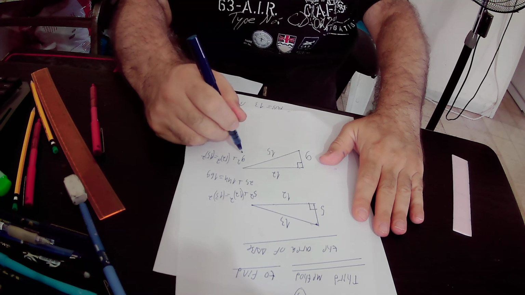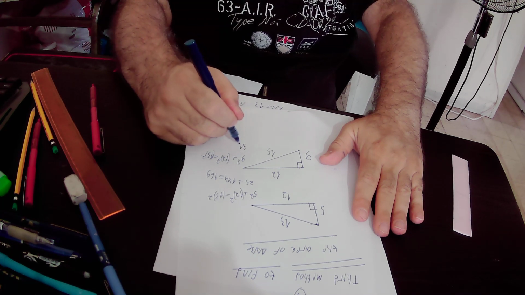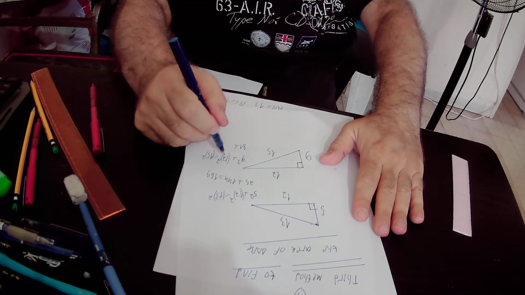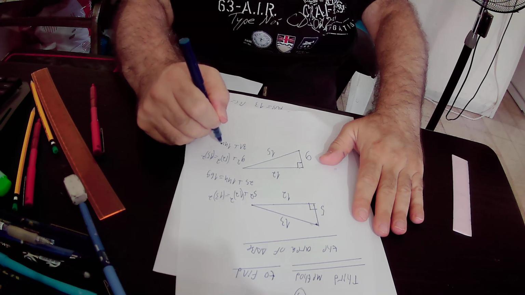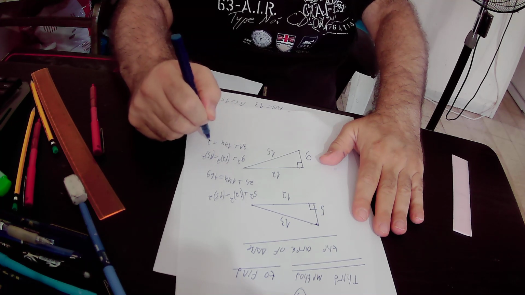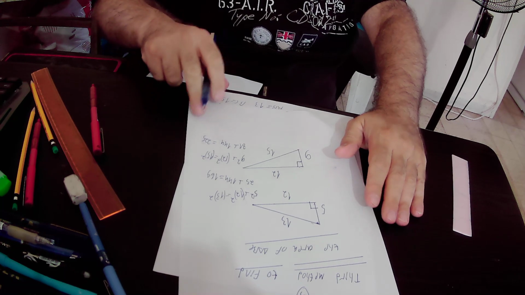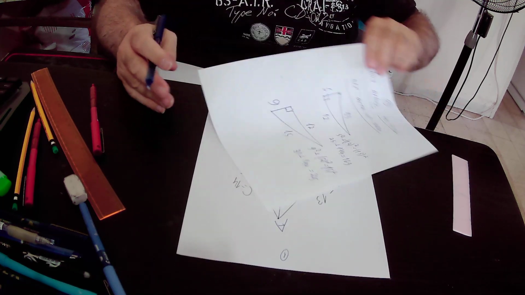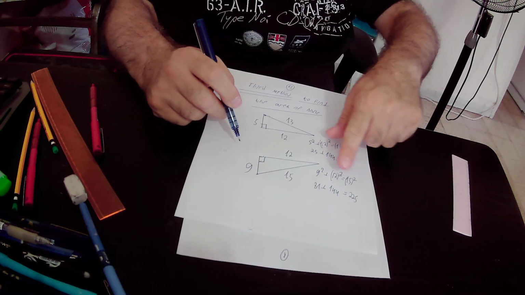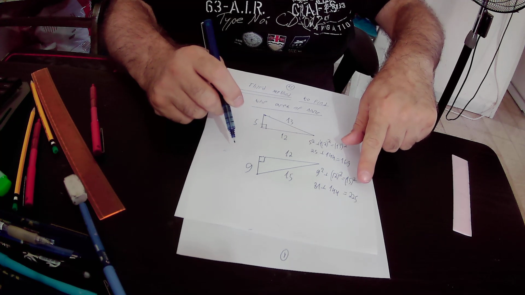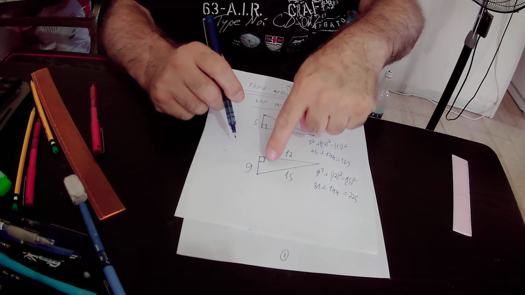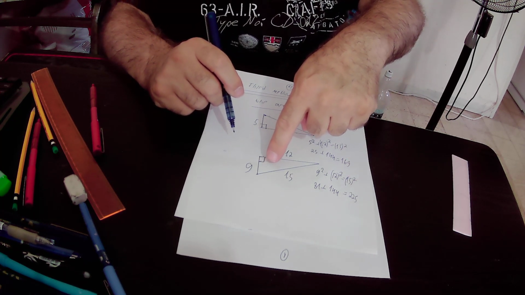And indeed, 9 squared is 81, plus 12 squared is 144, and 15 squared is 225. So 81 plus 144 indeed equals 225. So this is also a right triangle.